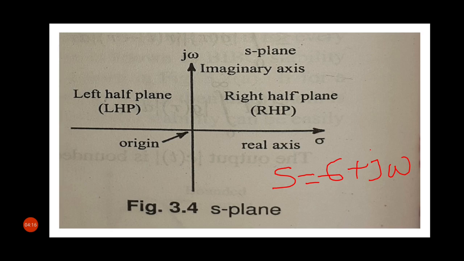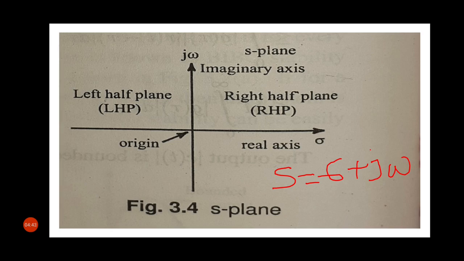The vertical axis of the S-plane is known as the imaginary axis since sigma = 0 for all points on this axis, and therefore the imaginary axis is s = j omega. The origin is represented by 0 + j0.